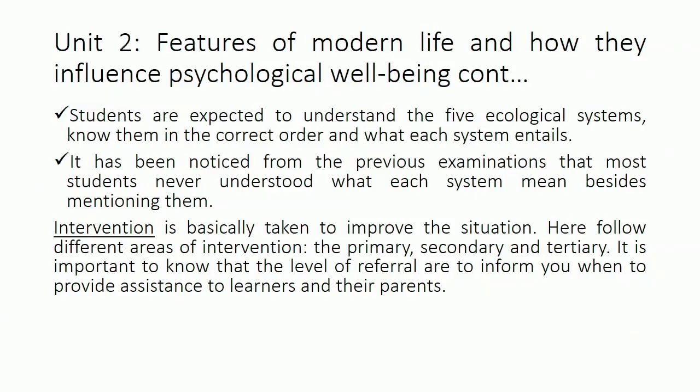Intervention is basically taken to improve the situation. Here follow different areas of intervention, and we are talking of the primary, secondary, and tertiary. It is important to know that the levels of referral inform you when to provide assistance to learners and their parents.